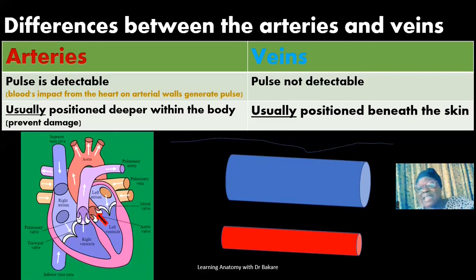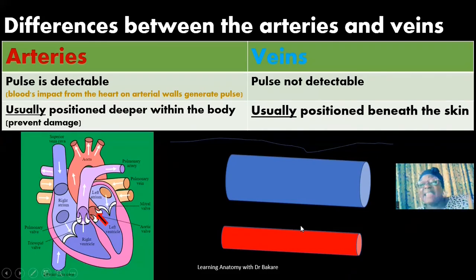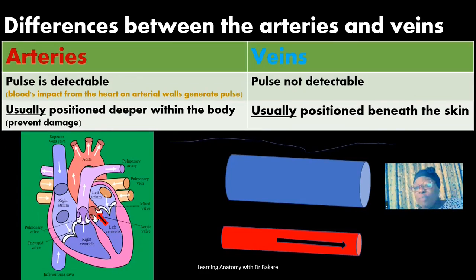If you try to flash back on some of the differences we highlighted between the arteries and the veins in terms of pressure, we said that the pressure in the artery is high and intense. And if the artery is located more superficially, it will be more prone to damage, and more blood will be lost during injury because of the high pressure within the artery.